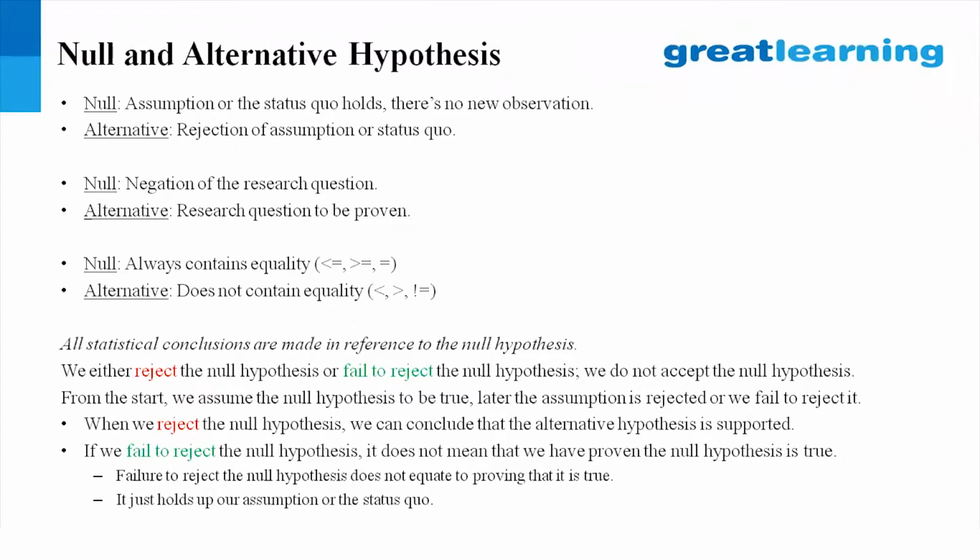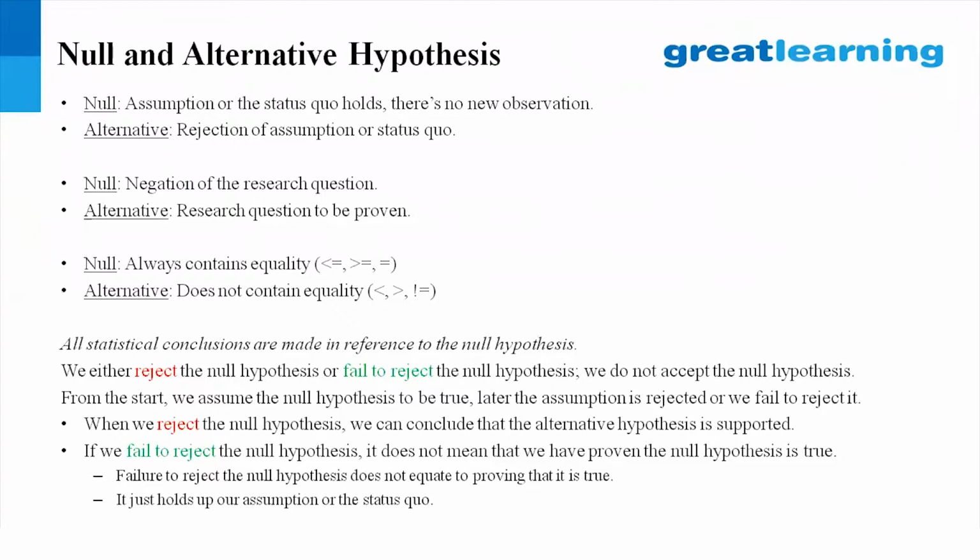It does not mean that whatever you're mentioning has been proved to be true, because we cannot make that statement. Hence we do not say that we are accepting it. You'll always say that you're failing to reject it. So keep this terminology in mind.